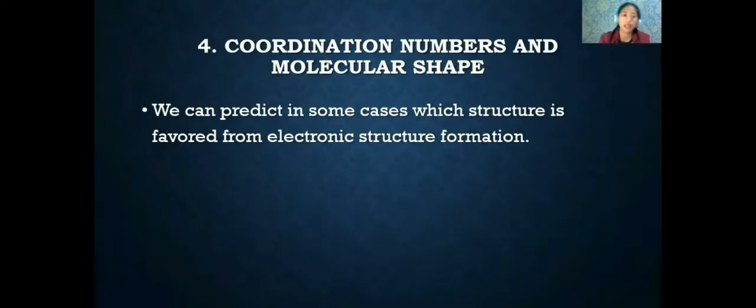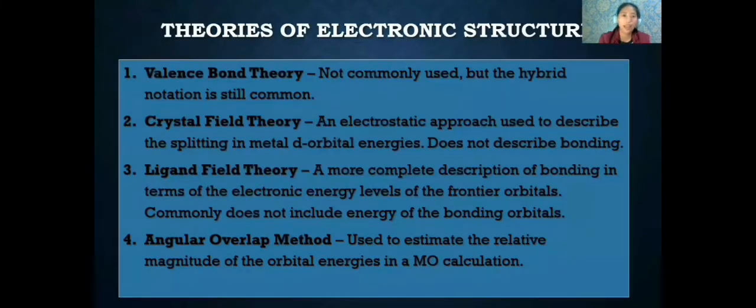Another one is coordination numbers and molecular shapes. So we can determine electronic structures of the compound complexes with regards to their coordination number and of course their molecular shape. So we have here theories of electronic structures.